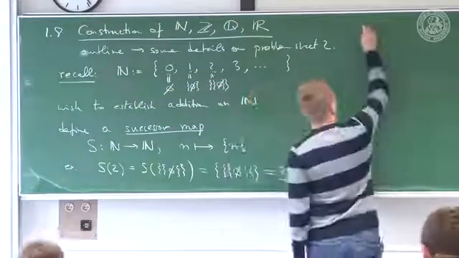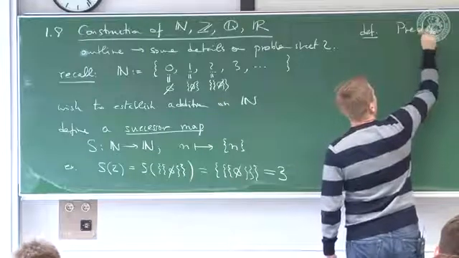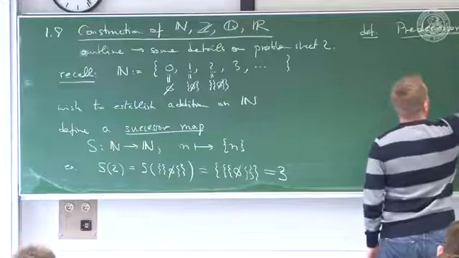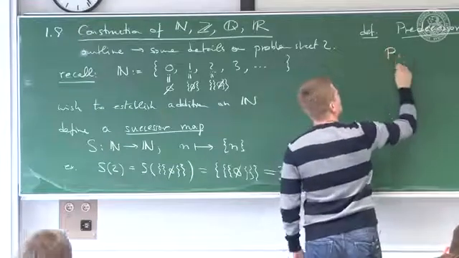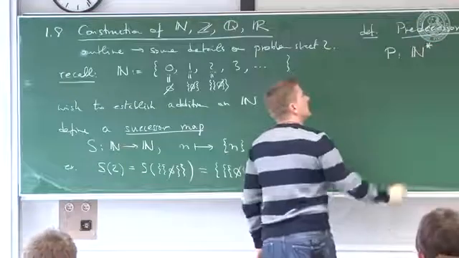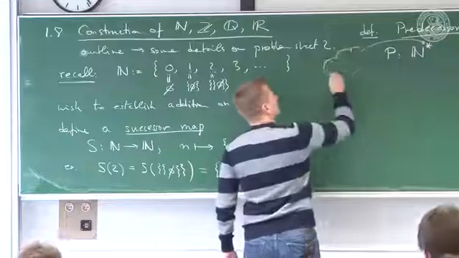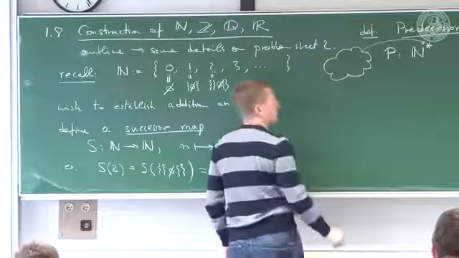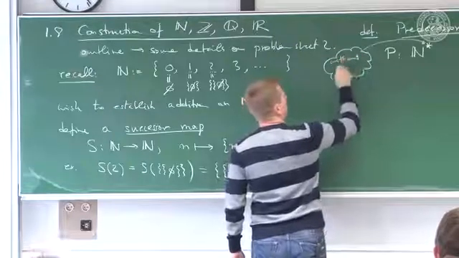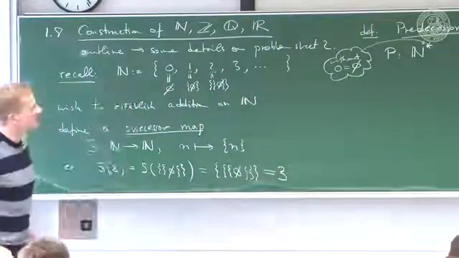Now, in order to make progress, we also need to define the predecessor map. Now, this map is P, and this map is only defined on N star. Star is, for any set that contains 0, star means without the 0 equals empty set. Okay.